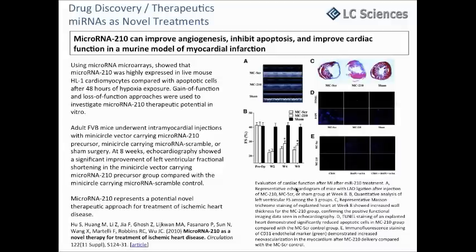It discusses the role of microRNA 210 as a target for treatment of ischemic heart disease. It was published in Circulation.